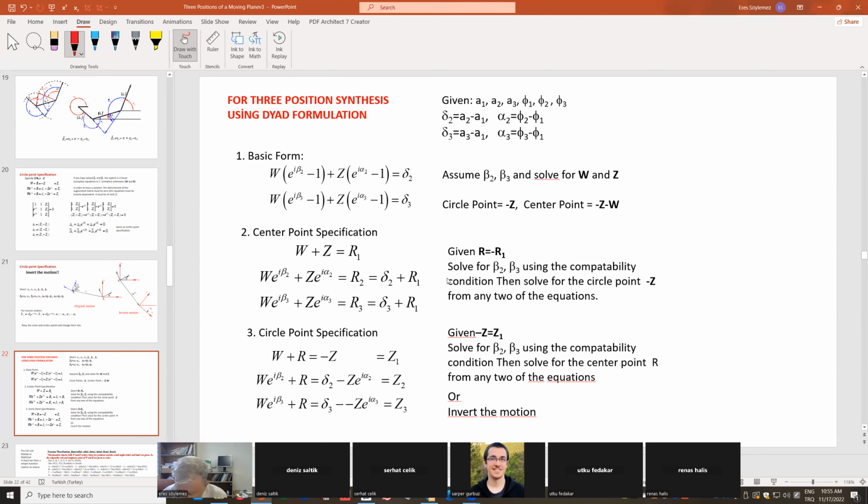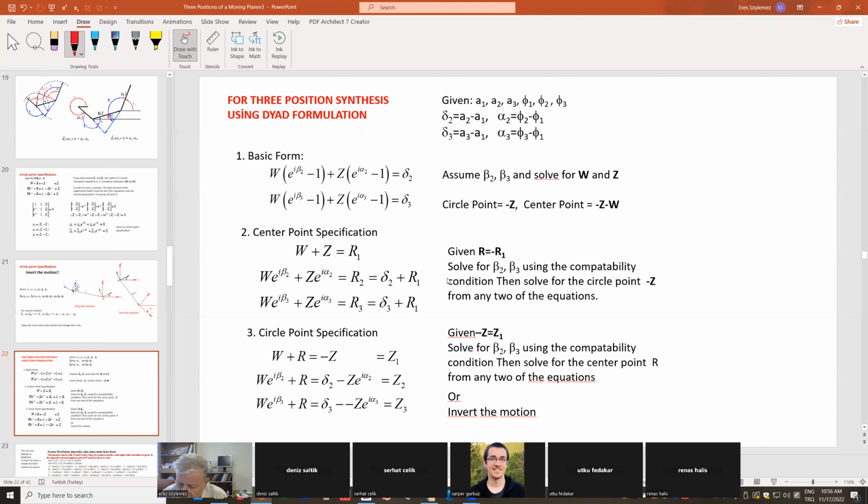That is the Frank angle specification. Center point specification: given R, which is equal to minus R1, solve for beta 2, beta 3 using the compatibility condition, and then solve for the circle point minus Z from any two of the equations.